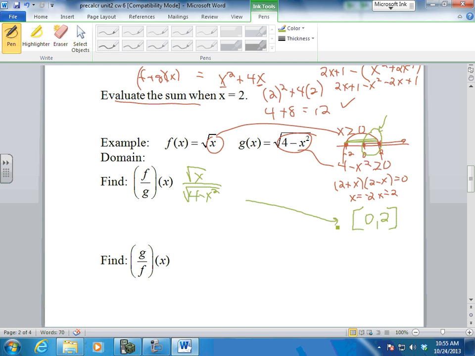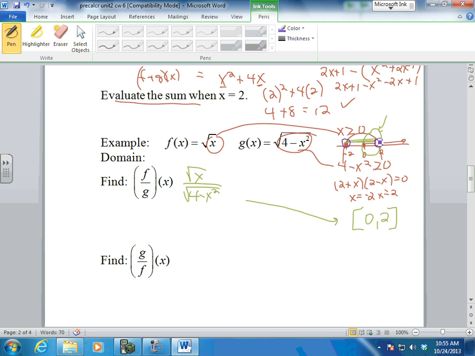Let's go back to here. This is the one I'm on here, -2 to +2. They were both closed because they could be equal to 0. But now they're in a denominator. What changes? They can't be equal to 0. So now I got to take this guy and I got to take the 0 out of here and out of here.